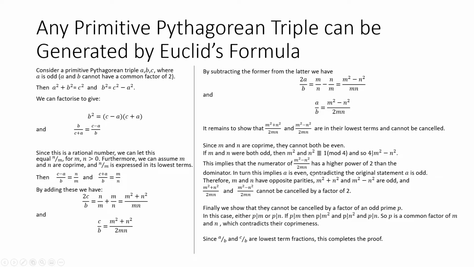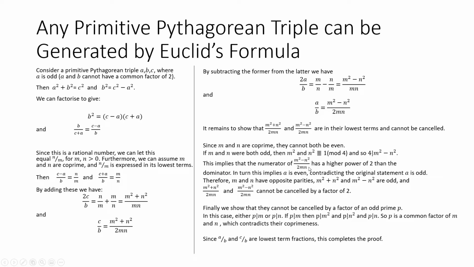So that means the numerator of this fraction is divisible by 4. The denominator, remember I said that m and n are both odd, so the denominator only has a 2 to the power of 1, but the numerator has a 4, so it's got a 2 to the power of 2. So numerator has a higher power of 2 than the denominator.